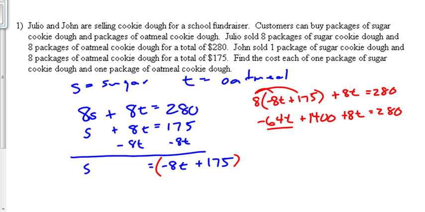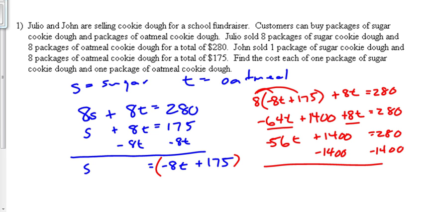Now we combine like terms. So the -64T and the 8T are going to equal -56T, plus 1400 is equal to 280. All right, now subtract your 1400 on both sides. And we're going to get -56T is equal to 280 minus 1400, which gives us -1120.